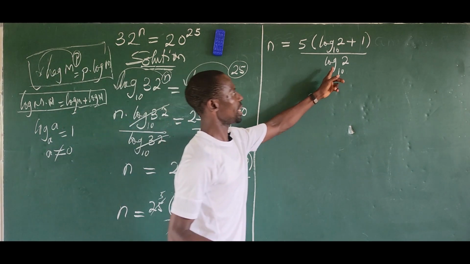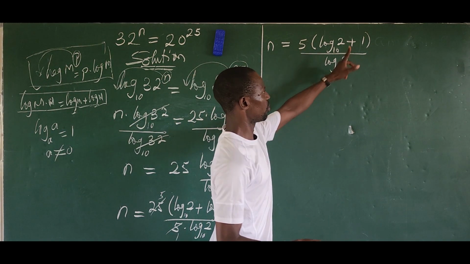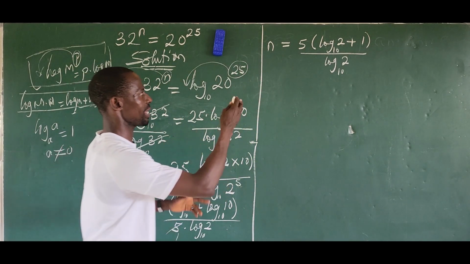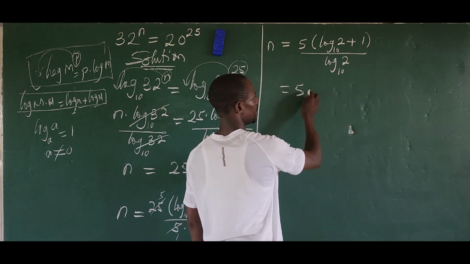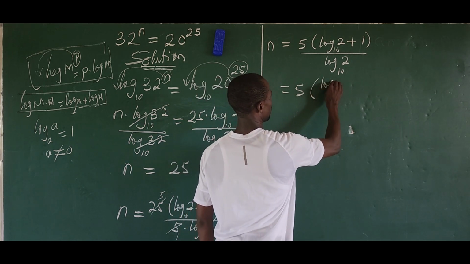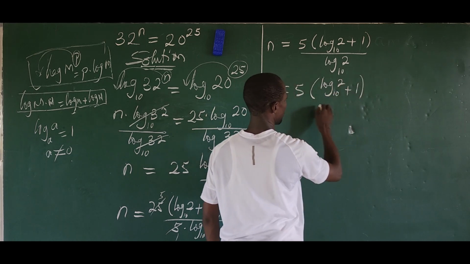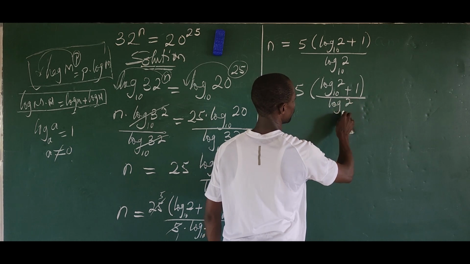Now, we can rewrite this. Mind you, the whole of this 5 here is multiplied by the whole of the numerator. So we can rewrite this expression in this format to give us 5 into log 2 base 10 plus 1, close bracket, all over log 2 base 10.